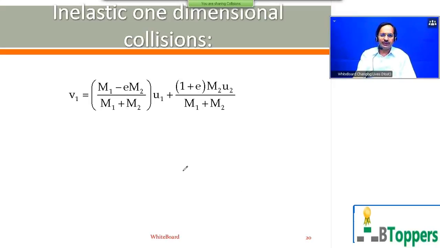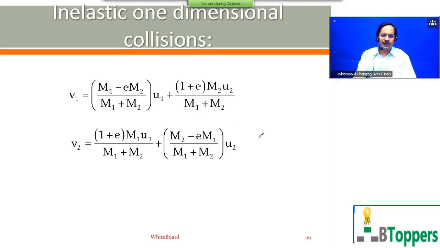If you solve the equations for v1 and v2, you get expressions for v1 and v2 in this way for one-dimensional elastic collision, but it's not compulsory that you copy these results. It is difficult for you probably to remember these results, and it may not be necessary to solve any particular problem.